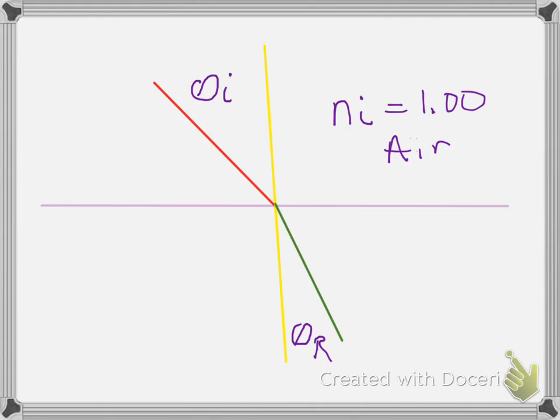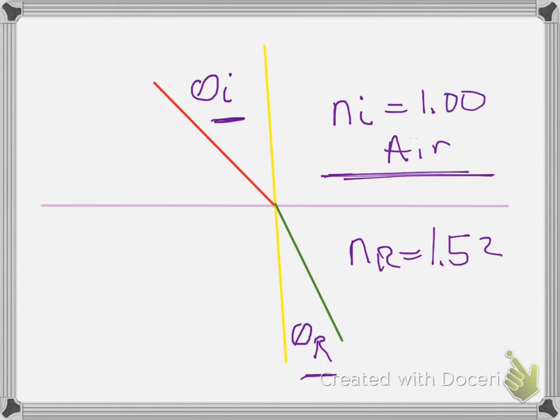If you use crown glass, your index of refraction would be 1.52. So again, you're looking at that relationship. This is the first part of the equation, the index of the incident ray, so what medium it's traveling through. Your angle of incidence, angle of refraction, and then this is your second medium.